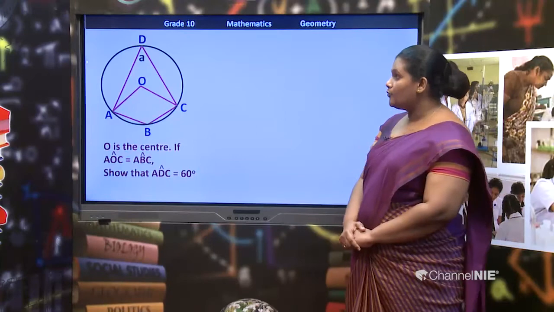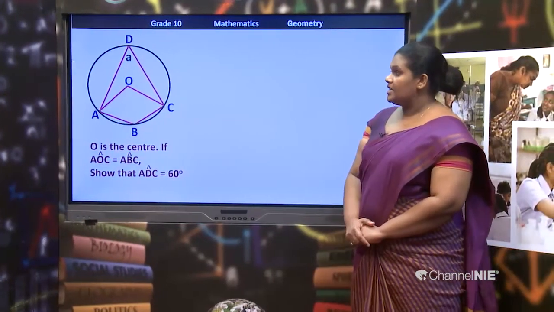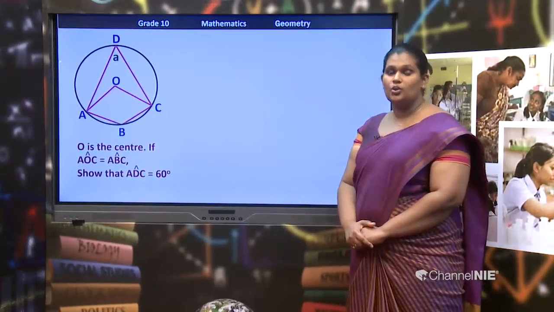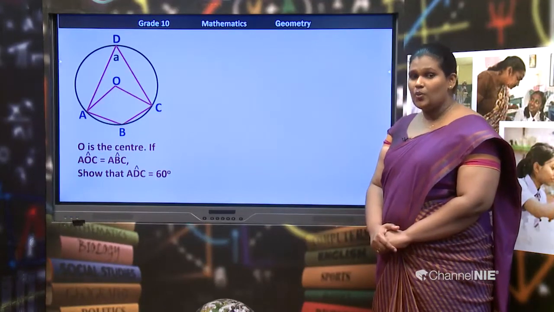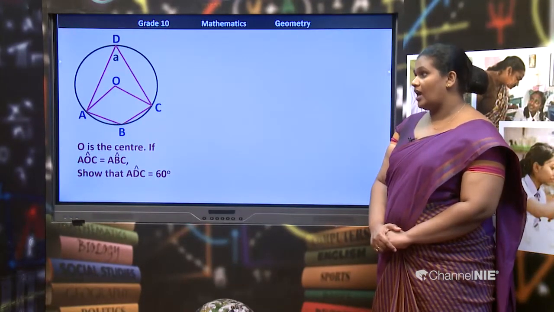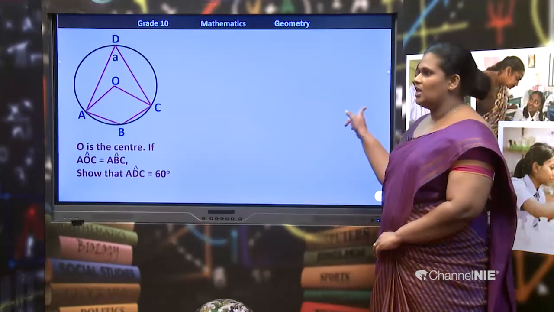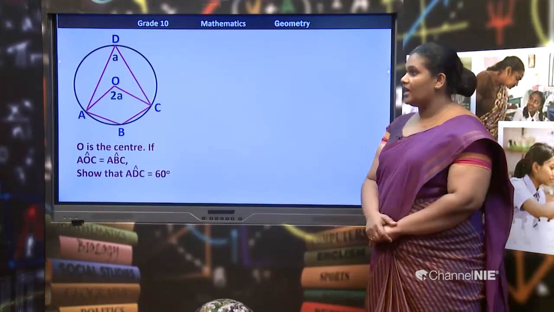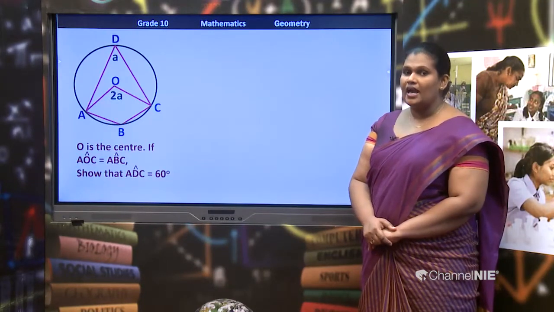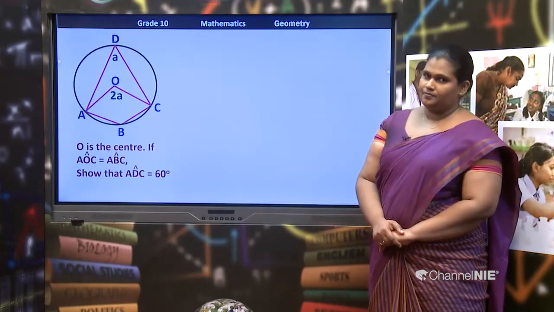Right. Therefore, if ADC is equal to simple A, what can you say about the magnitude of the angle AOC? It should be twice of it. So, we can name the angle AOC as 2A.